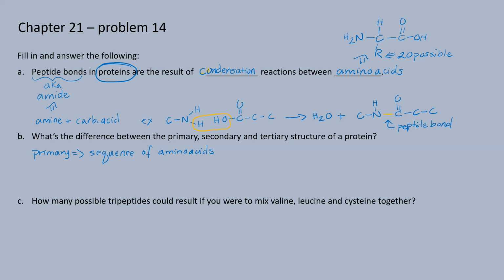There's simple ones. For example, insulin is a protein, and insulin, I believe, has around 30 amino acids. But then super complex ones like the proteins that make up your biceps would have thousands of amino acids. But who's first, who's second, who's third in the chain is going to be coded for in your DNA. That sequence is called the primary structure.